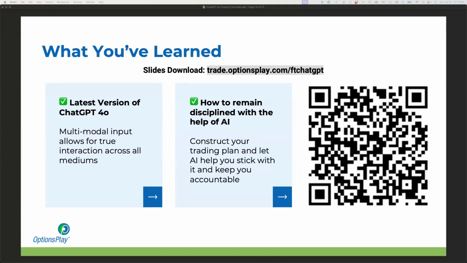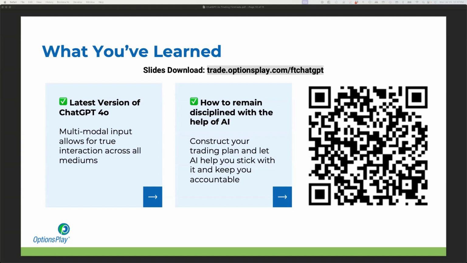Someone asks, can ChatGPT help you select the best option strikes? It can. I think the challenge is that you'd have to supply ChatGPT with all of the options chain data, which is going to be challenging. But if you could send a screenshot of the options chain, and you can define how you define best option strikes, it can absolutely do the work for you.